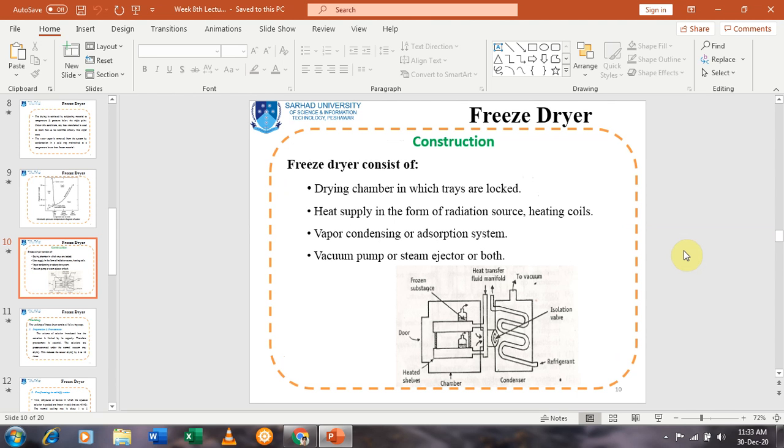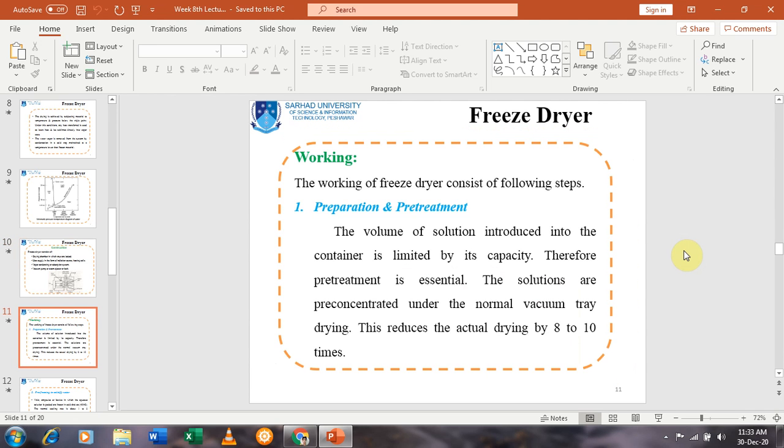And then we discussed the construction of the freeze dryer, including the drying chamber, heat supply, vapor condensing or absorption system, and vacuum pumps or steam ejector, or both may be a part of the freeze dryer.